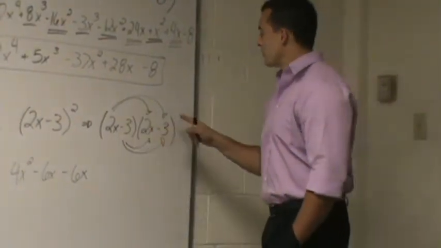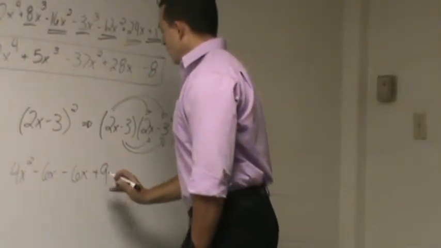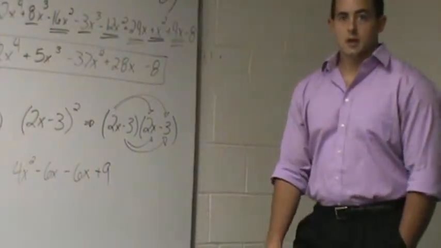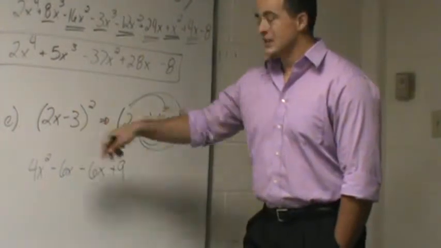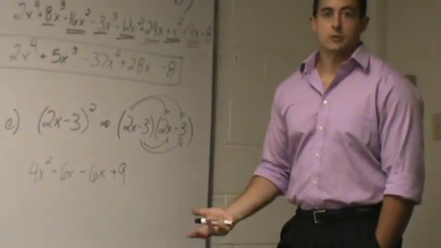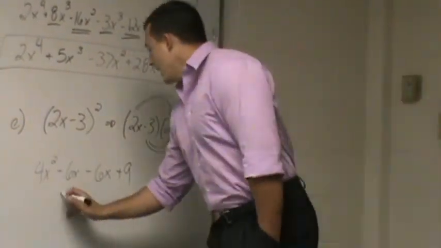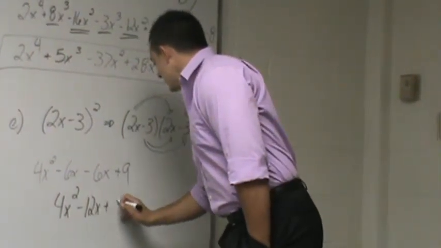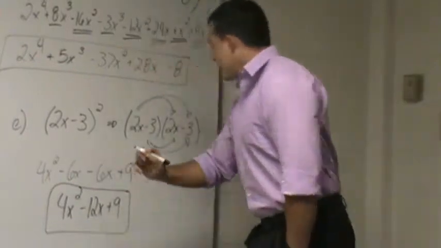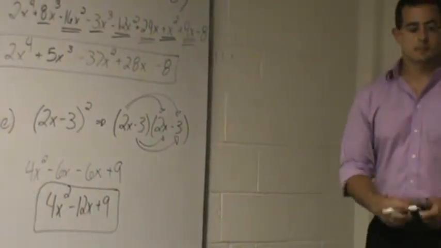And then the negative 3 times negative 3, which is positive 9. So the first term and the last term you would get right, but since you're missing these two middle ones, there's no point to it. Okay? Write it out this way, and then you see how those middle terms combine together to get you that as a final answer.